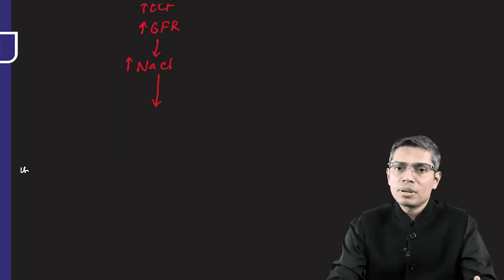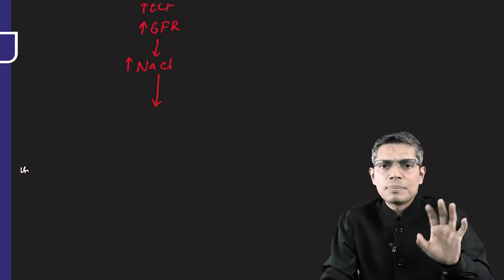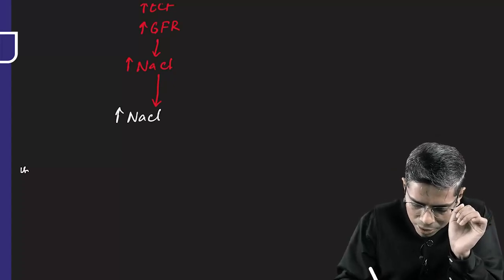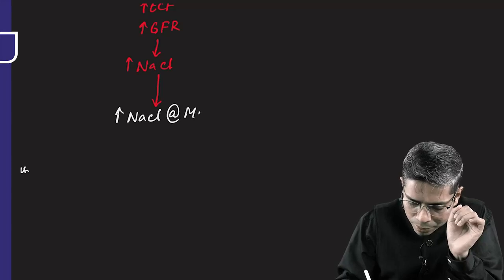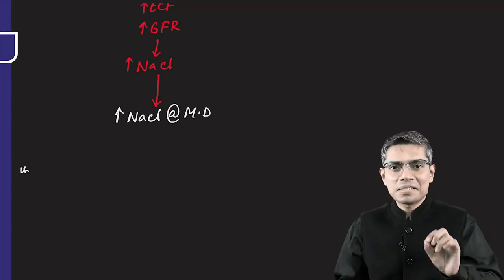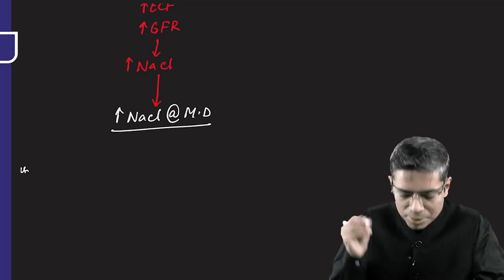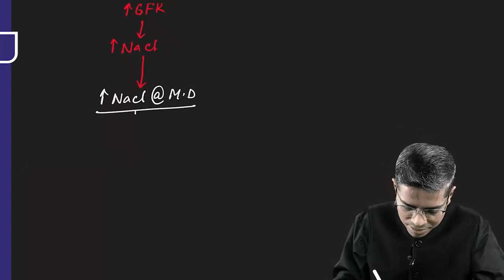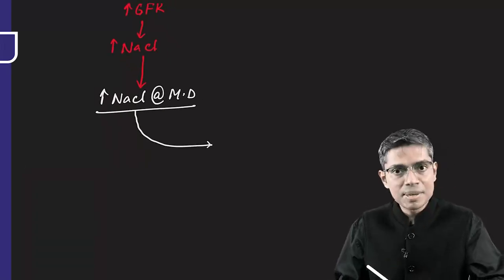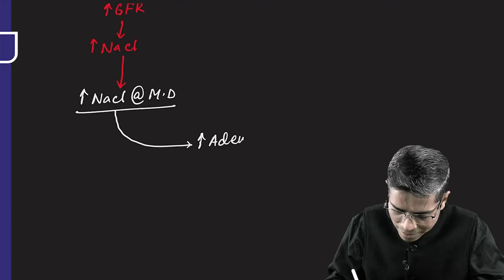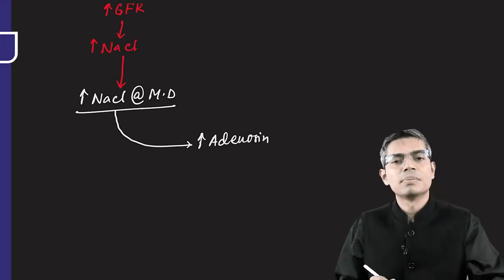Although there will be increased absorption also, even after absorption, a huge amount of NaCl is going to reach the macula densa cell. And just now we have understood that whenever there is an increased amount of NaCl at the level of macula densa, the macula densa cell will be stimulated by it. And what is it going to produce? It is going to produce a huge amount of adenosine. So this is the mediator of the macula densa cell.